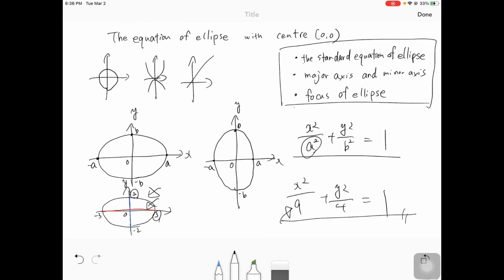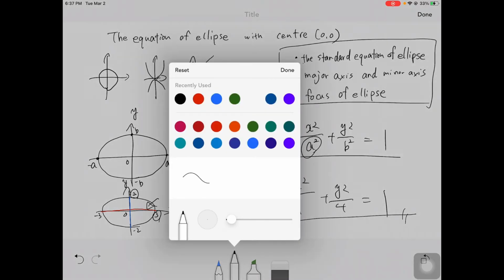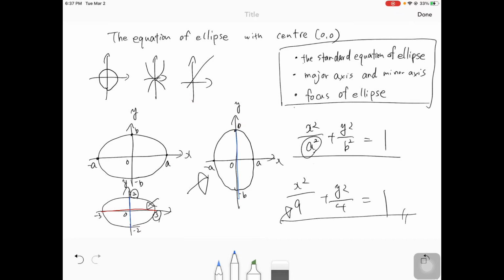So in the case of this graph, the major axis is the x-axis and the minor axis is the y-axis because the radius of the x-axis is longer than the radius of the y-axis. However, in the case of this ellipse, the radius on the y-axis is longer than the radius of the x-axis. So in this case, the major axis is the y-axis.